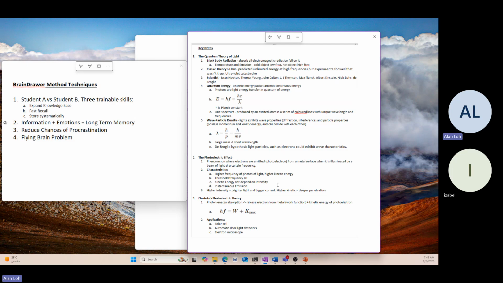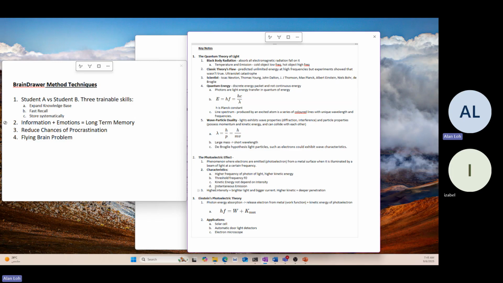Why do I mention jump? Because there is kinetic energy and there is frequency. Frequency, kinetic energy, and maybe intensity and threshold of frequency, they are instantaneous. They can be associated easily with the word jump, right? So 4 cartoon characters jump into your second drawer.